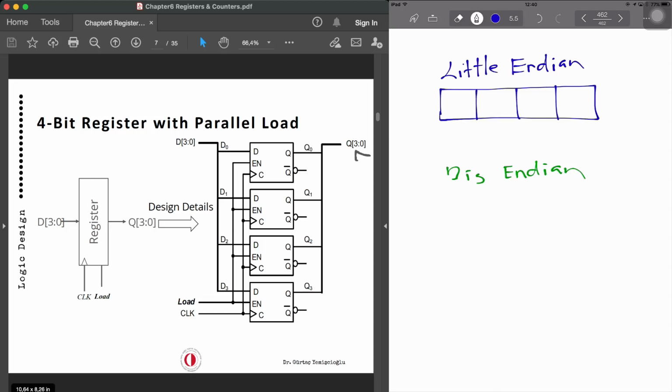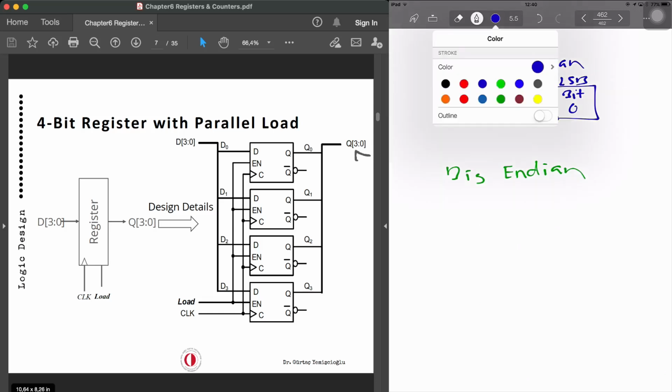Now with little endian, bit 0 is over here. And bit 3 is on the left-hand side. So this is the most significant bit. This is the less significant bit. And then we have got bit 2, bit 1, and so on.